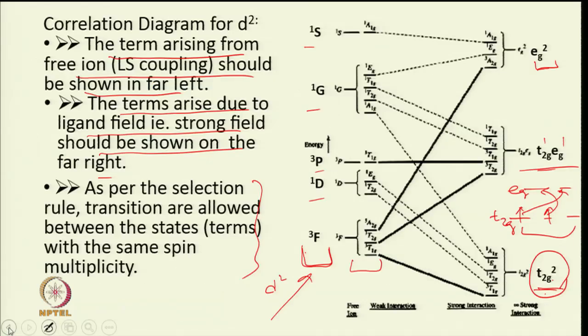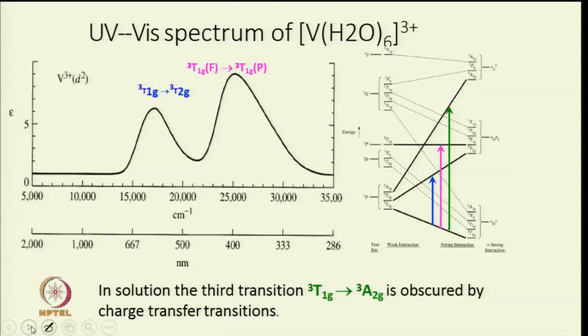What are the terms here? 3A2g, 1T2g, 1T2g. In this we are only going to take the triplet terms. You see, these all are triplet terms. These are not triplets, so I am not going to consider them.